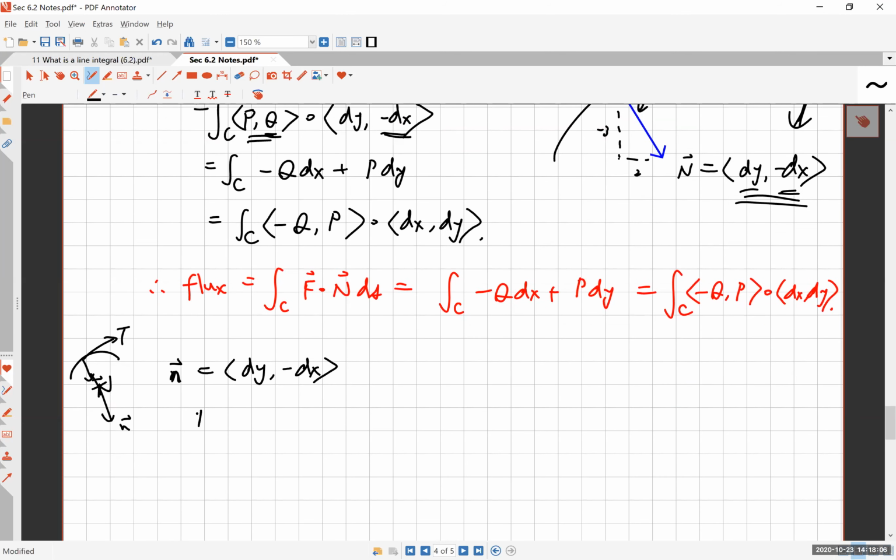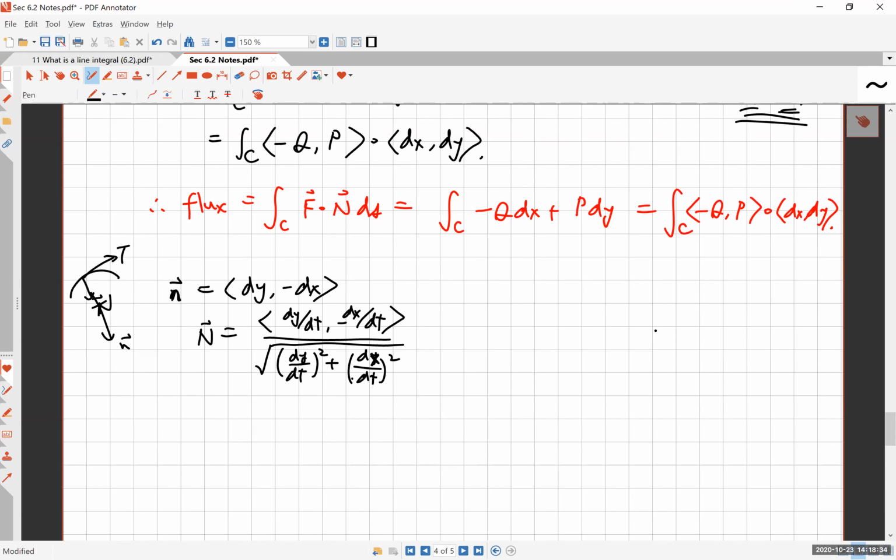Now, if you were trying to normalize this, then you would have to do something more careful: dy/dt, negative dx/dt, and then you have to divide this by the speed, which is the square root of (dy/dt)^2 plus (dx/dt)^2, right?